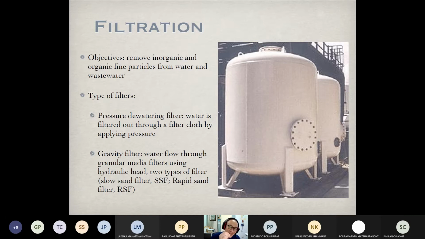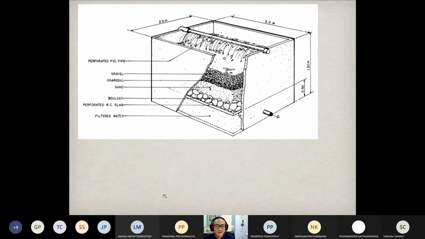But if you use very fine particles as the media, that filter could be considered a slow sand filter, because with smaller particles the porosities will also be smaller. Small spaces will result in a slow filtration rate.